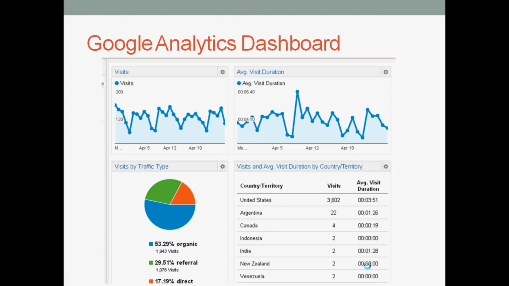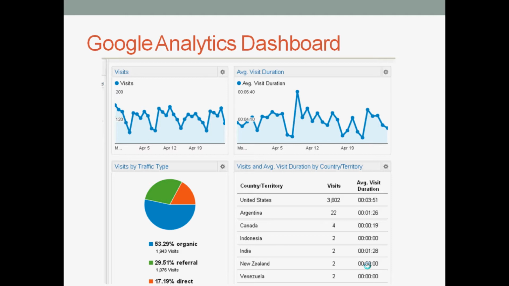That's called a bounce. On average, can anybody tell me a guess what the national average is for bounce rate across all websites? 70%? Anybody else? 90? It's actually 50%. 50% is the national average. When I'm working with people, if their average is below 50%, I pat them on the back, or me on the back.